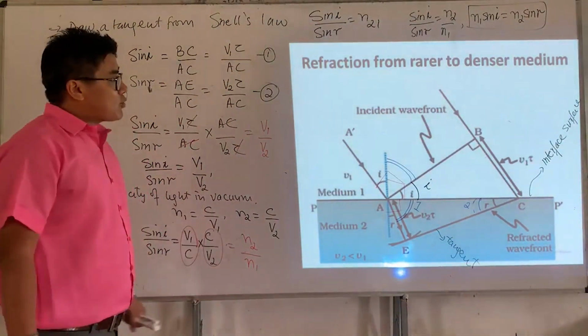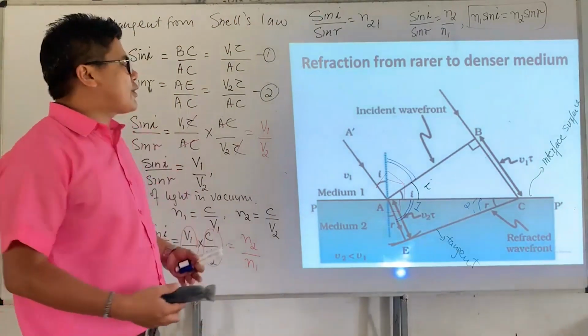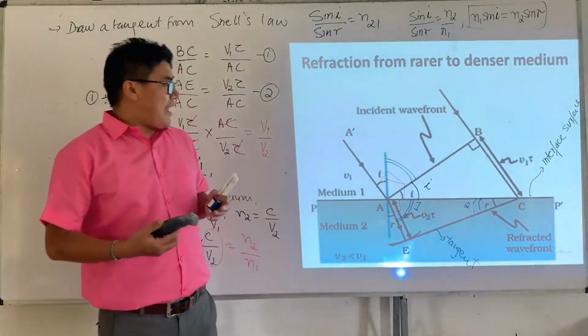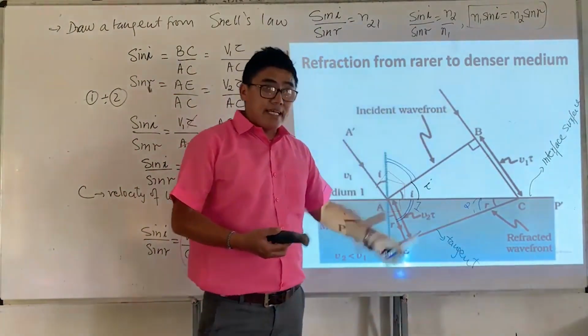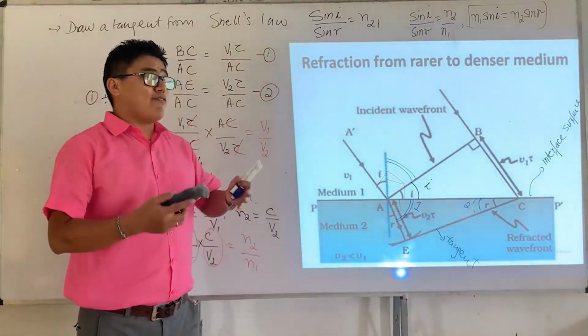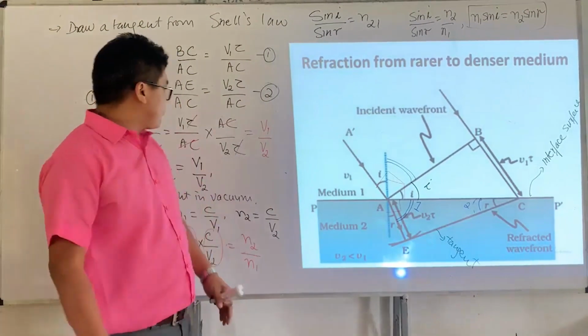Now what I would like to do is see what about the wavelength when light goes from a rarer to denser medium? Whether wavelength changes or not? This is what we are going to see.